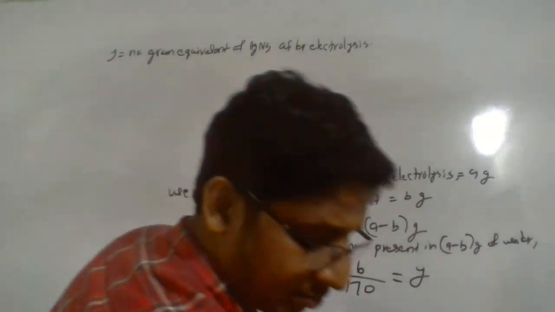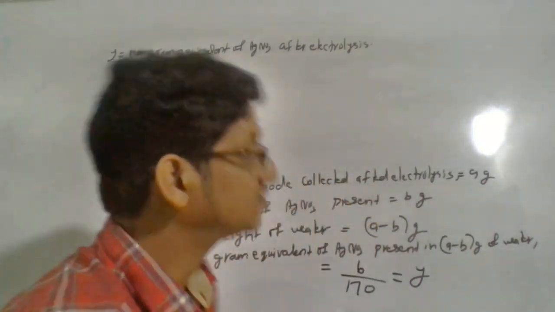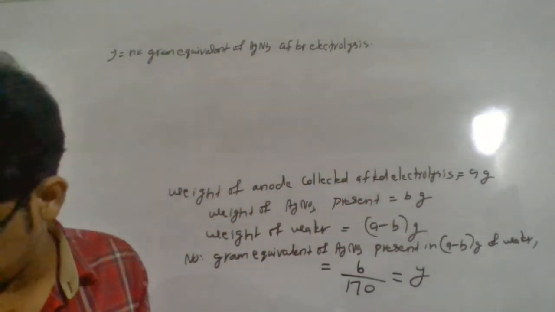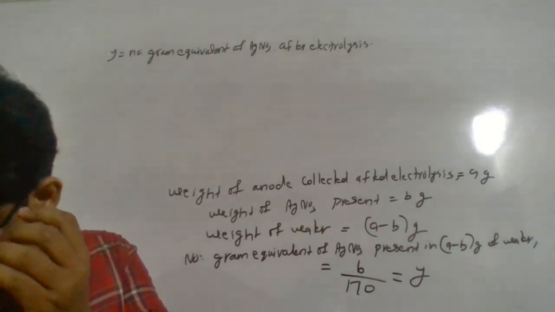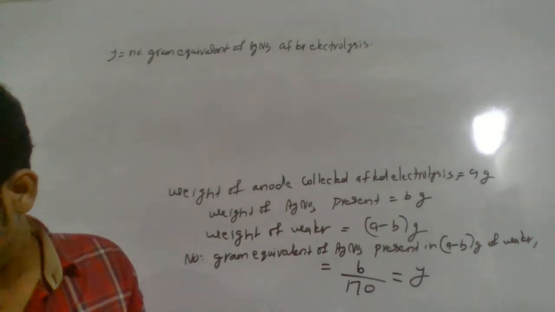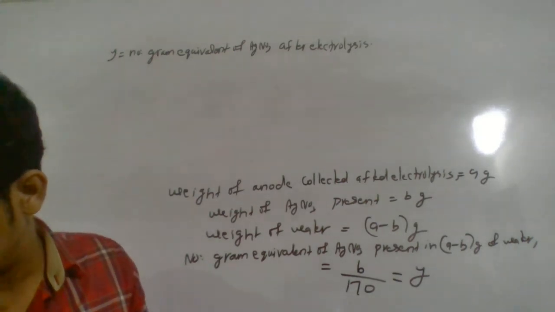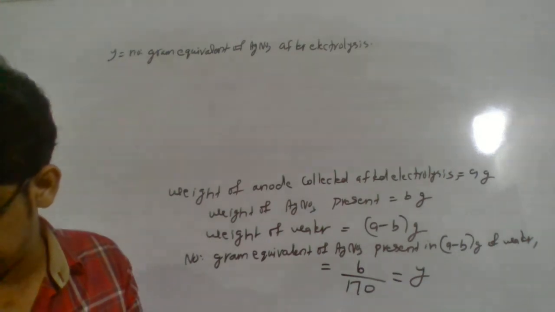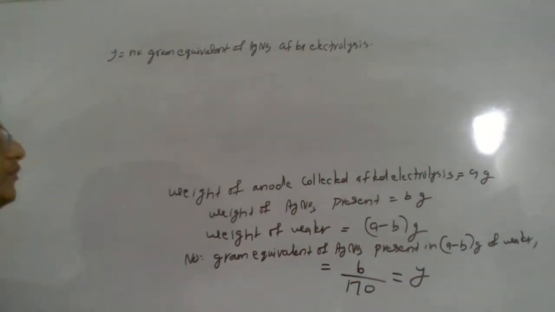Similarly, we have to find the number of gram equivalents of silver nitrate before electrolysis. For that, imagine, let it be X. X is the number of gram equivalents of silver nitrate present in A minus B gram of water before electrolysis.